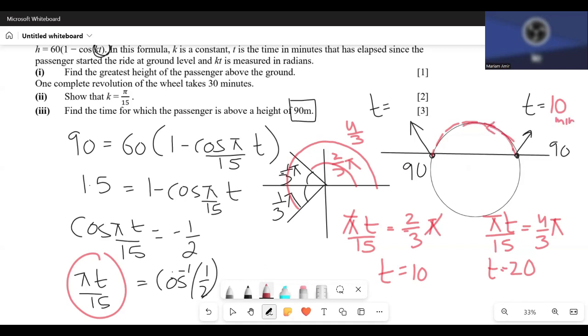Second time the passenger reaches the height of 90, that's going to be 20 minutes. And the time for which the passenger stays above the height of 90 is going to be 20 minus 10, which is 10 minutes. So between these 10 minutes, the passenger will be over 90 meters high.